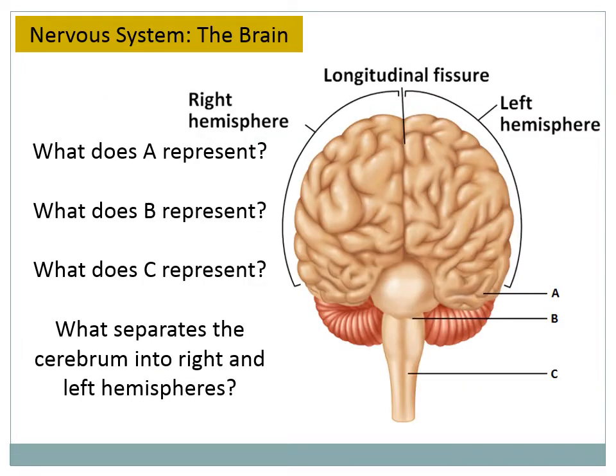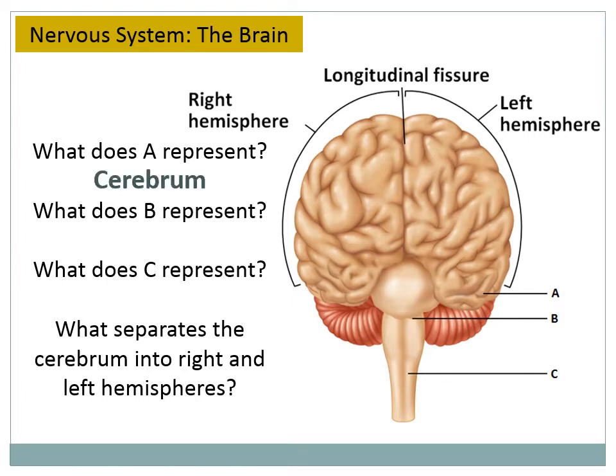And so here is the brain from a different perspective. Here, essentially what you're looking at is if someone was looking straight at you. Because if someone's looking straight at you, that's what you would see in terms of their brain. So looking at A, what does A represent? Yep, that most superficial part of the brain, that is your cerebrum.